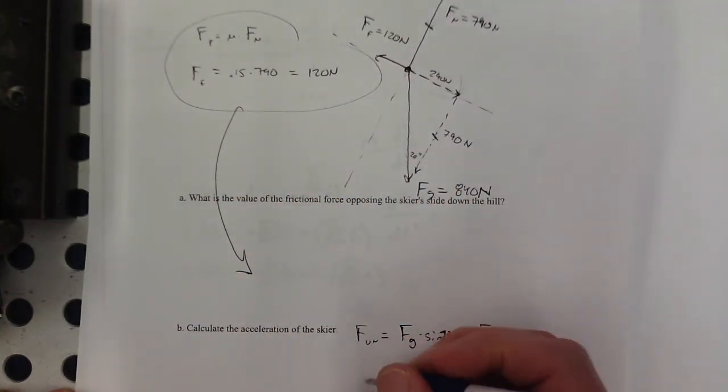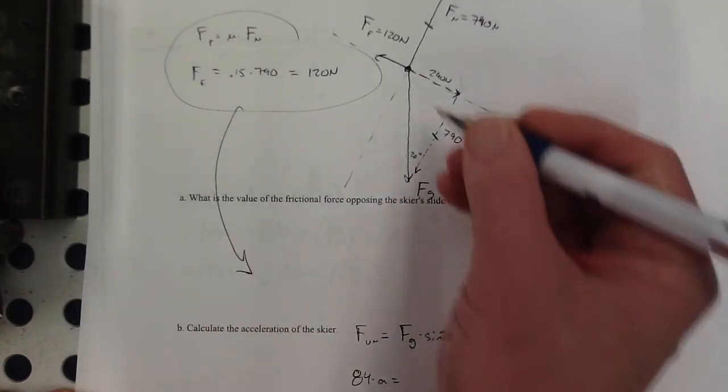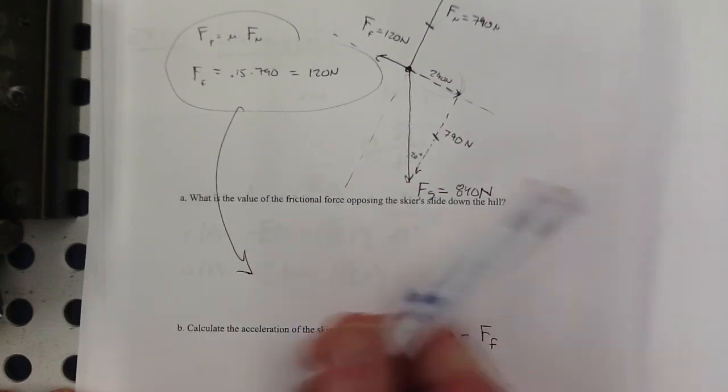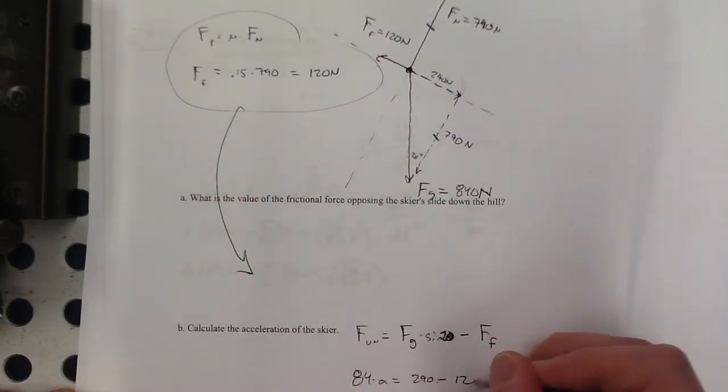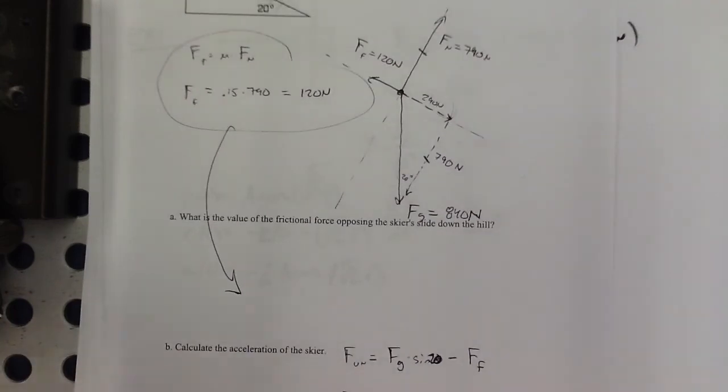So unbalanced force is equal to mass times acceleration. The sine part of gravity is 290 newtons minus the force of friction. So the acceleration is going to be 170 divided by 84, which is about 2.